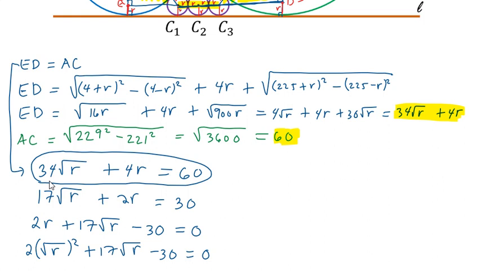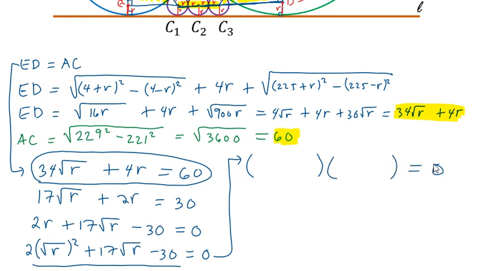Okay, but what I'll do now is factor this last equation. Okay, that is much easier. So I'll have 2 square root of r minus 3 times square root of r plus 10.